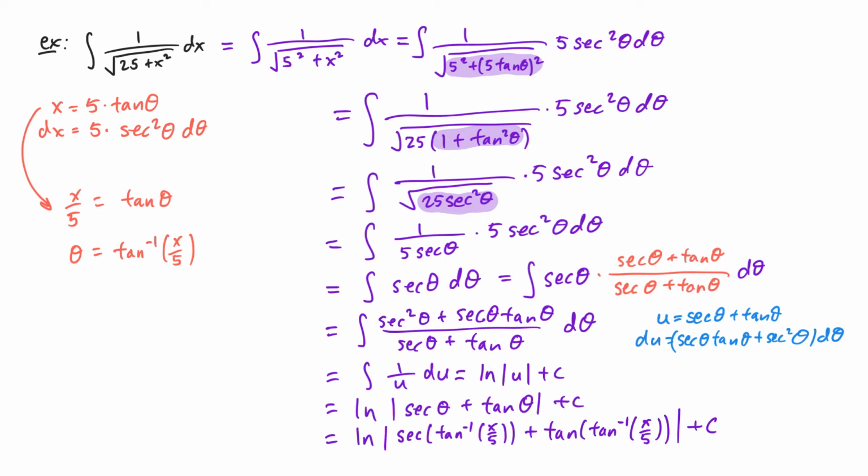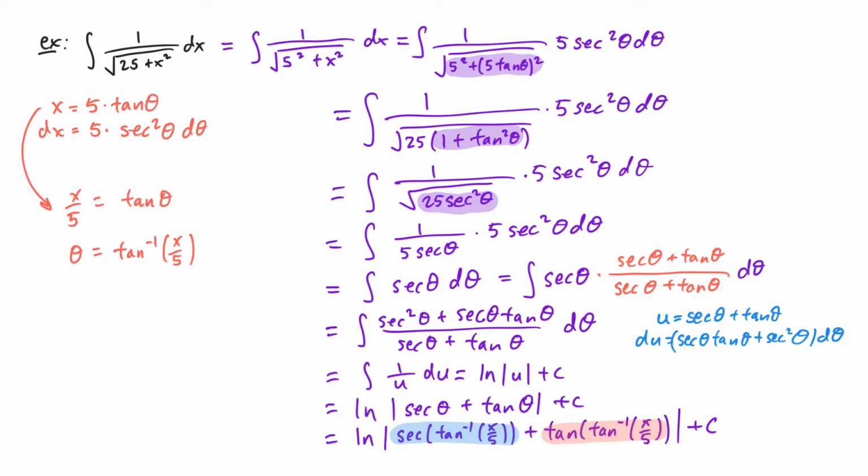This expression here can be simplified a little bit. For example, the tangent and the arctan will cancel each other out. And we can also simplify the secant of arctan of x over 5. So again, what we're going to do is imagine a triangle. Arctan of x over 5 refers to some angle in that triangle.